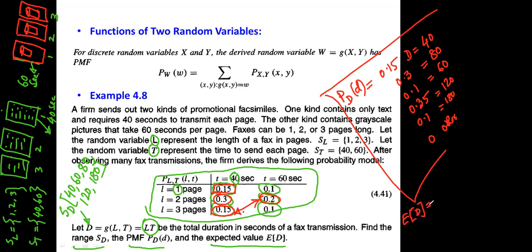Sir, we multiply the probabilities into D. Right, we multiply each P of D with D and add them, summation. So it is very easy: 0.15 into 40 plus 0.3 into 80 plus something like that, and you can find the expected value of D.